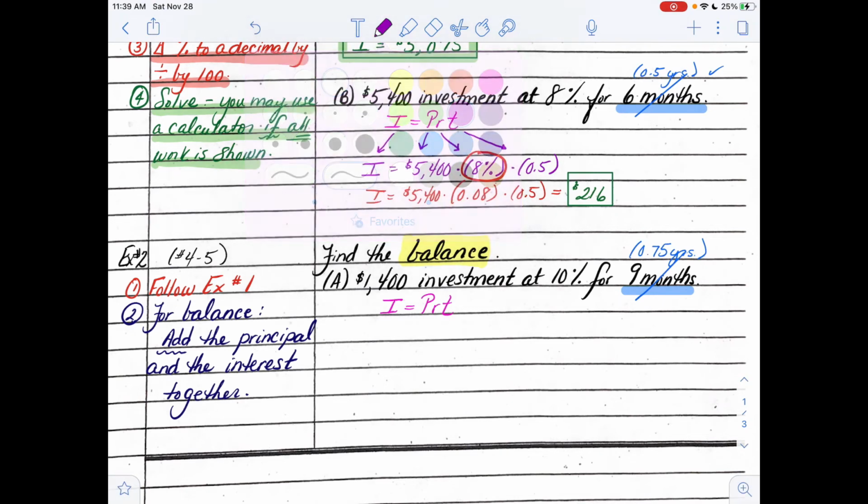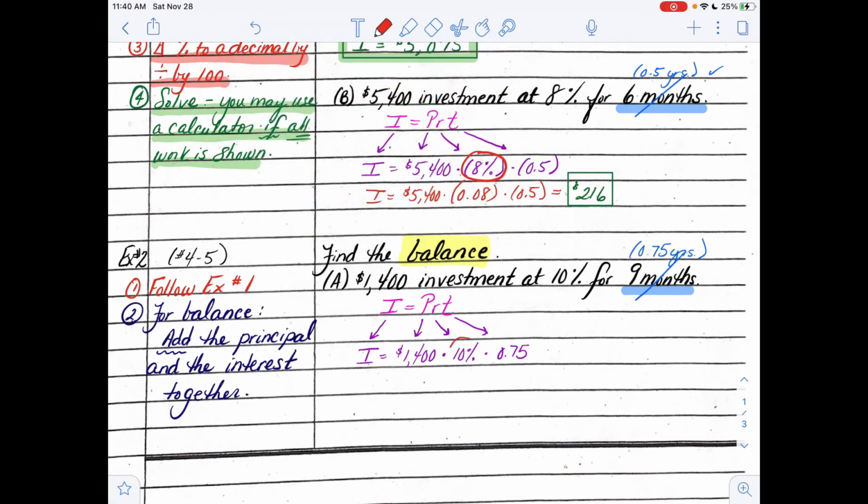Let's change those variables now to different values that I know. I do not know how much interest they're going to pay me, so that's I. Principal, yes, I do know how much I'm investing. That's $1,400. Times, I do know the rate. That's 10%. Times, I do know the time. That's 0.75.